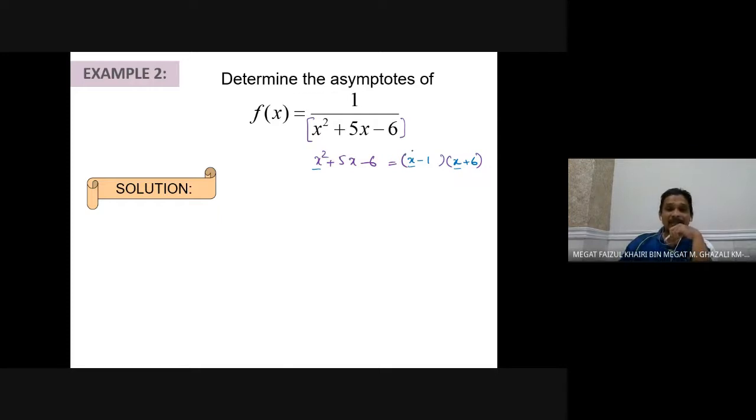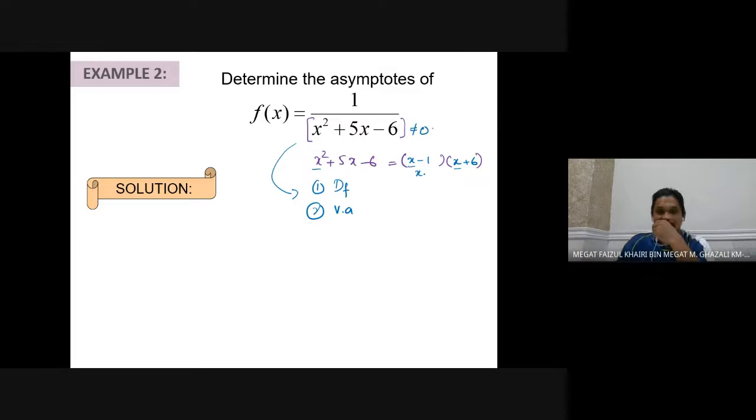Okay, so guys, girls, from the denominator, I told you just now, it will give us two pieces of information. The first is the domain of the function, and second is the vertical asymptote. The domain of this function is all values of x where the denominator cannot be equal to 0.